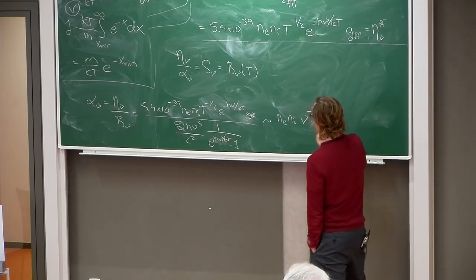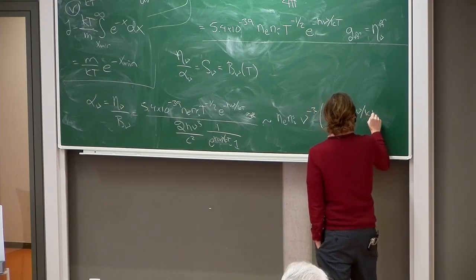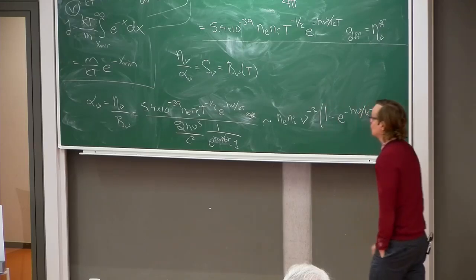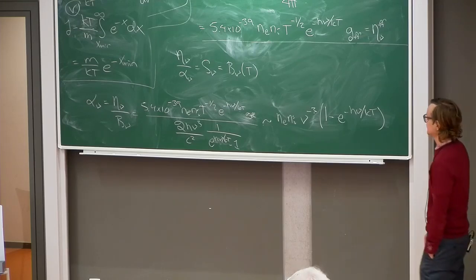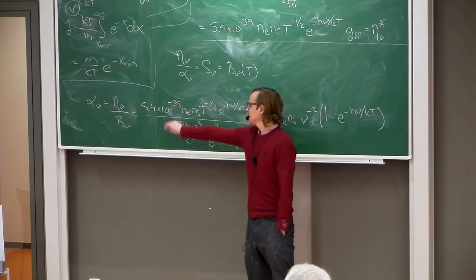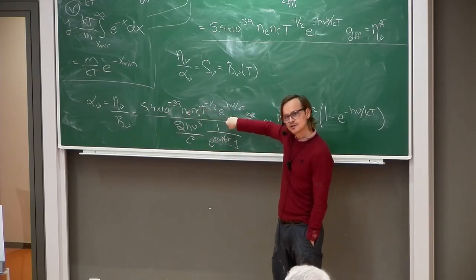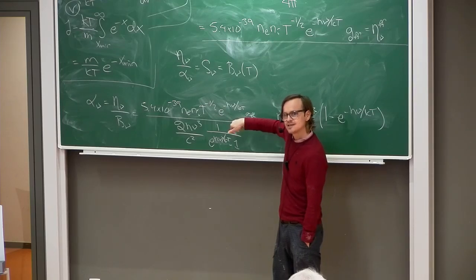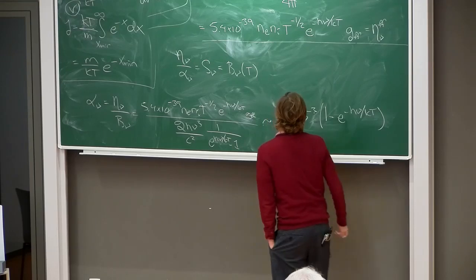So then we're going to have 1 minus e to the minus h nu over kT. So this is the expression, the proportionality, for the extinction coefficient. And of course, you can just plug in the numerical values to get the correct numerical value in here. I will give it to you. It's also given in the lecture notes, of course.